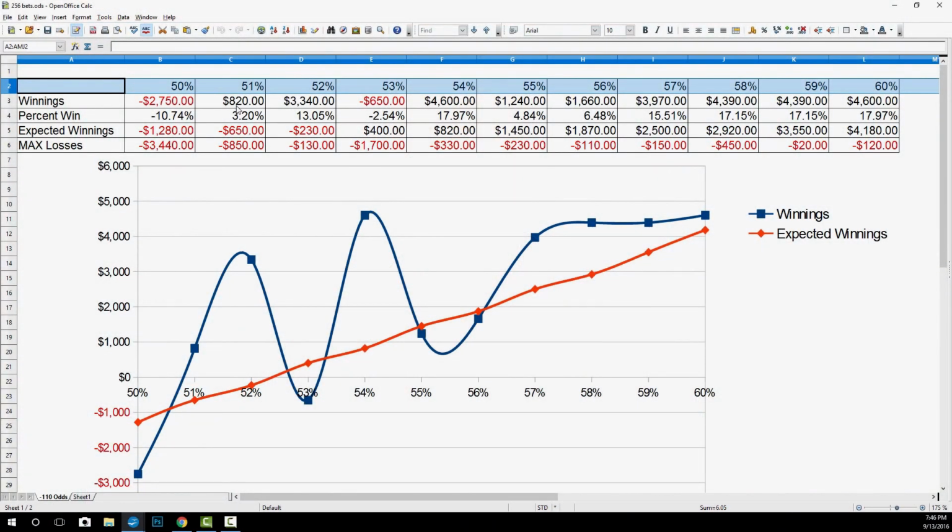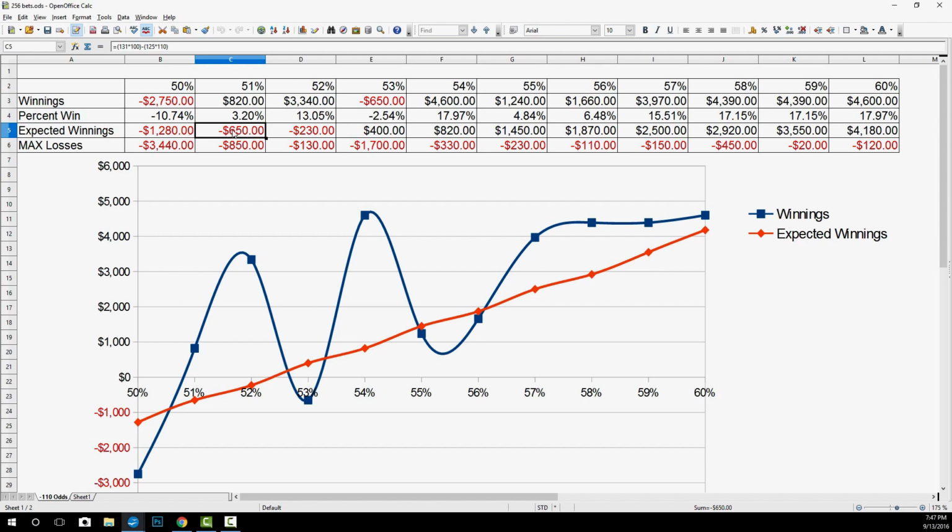What I have here is a simulation of betting 256 $110 bets at minus 110 odds. Essentially spread betting the entire NFL season, every single game. Now, the red line represents the ideal expected winnings, and that, for instance, is what would happen if you won 51% of your bets and lost 49% of your bets.